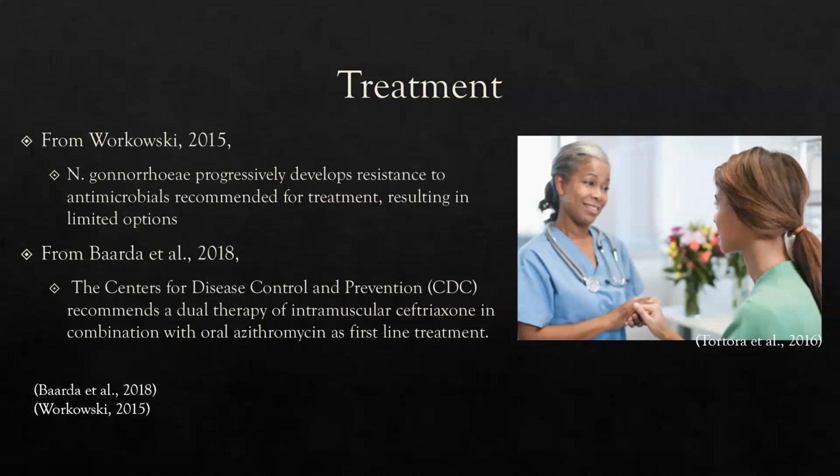There are 3 new therapeutics for gonorrhea treatment that are being evaluated, but because of the speed at which this bacteria develops antibiotic resistance, these new drugs are not long-term solutions.